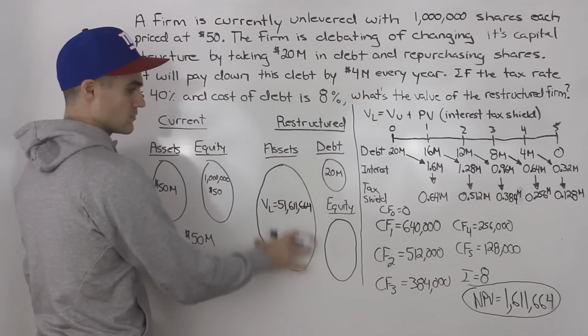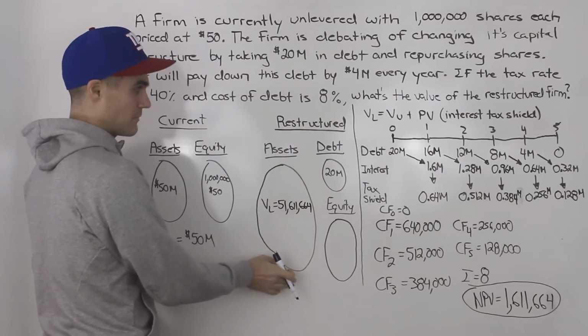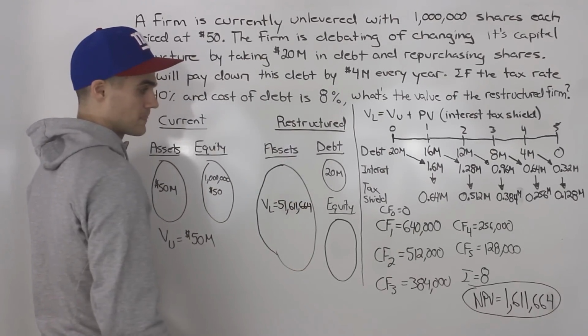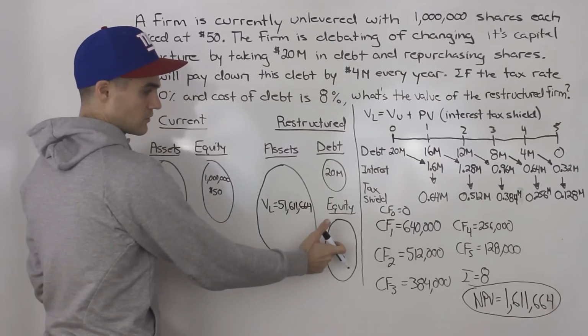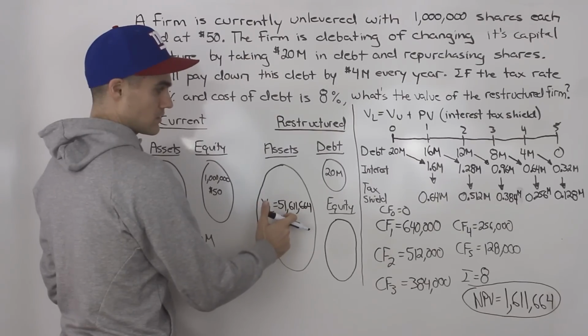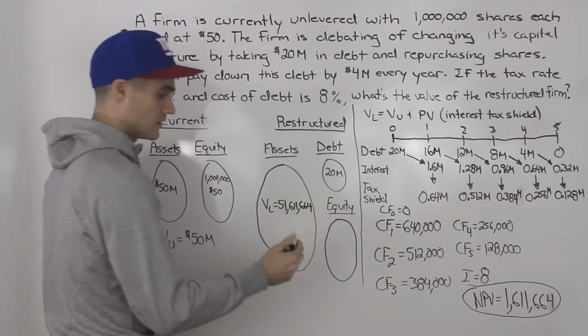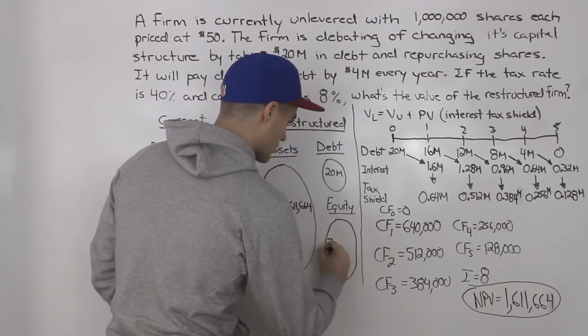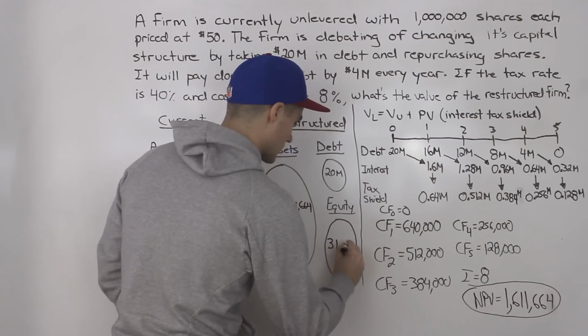So that's the value of that left side of the balance sheet for the restructured firm. And then notice how we can find out the equity value as well. We would just take this 51.6 million minus 20 million, and we would end up getting 31.6 million.